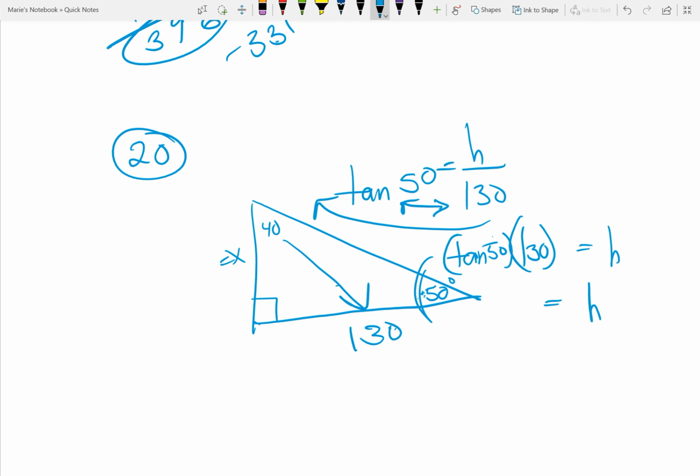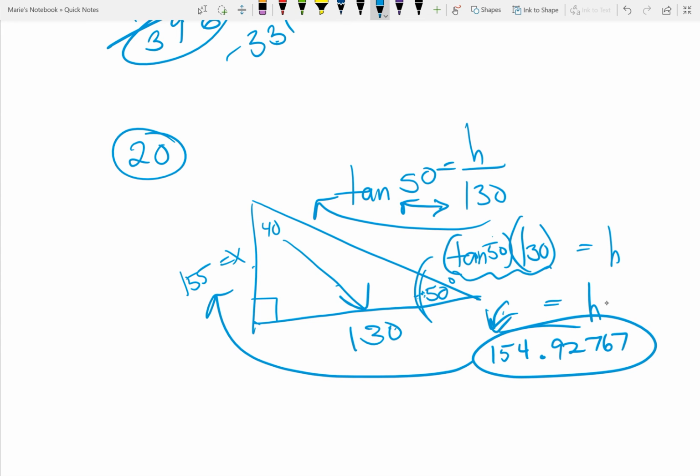So my rationale is, ratio-wise, this has to be 155 based on just the answer choices given. However, when you do the math, this value will yield approximately 155 because you obtain 154.92767 using a calculator. And so obviously you're rounding that to the same value. Okay? All right, hope that was helpful.